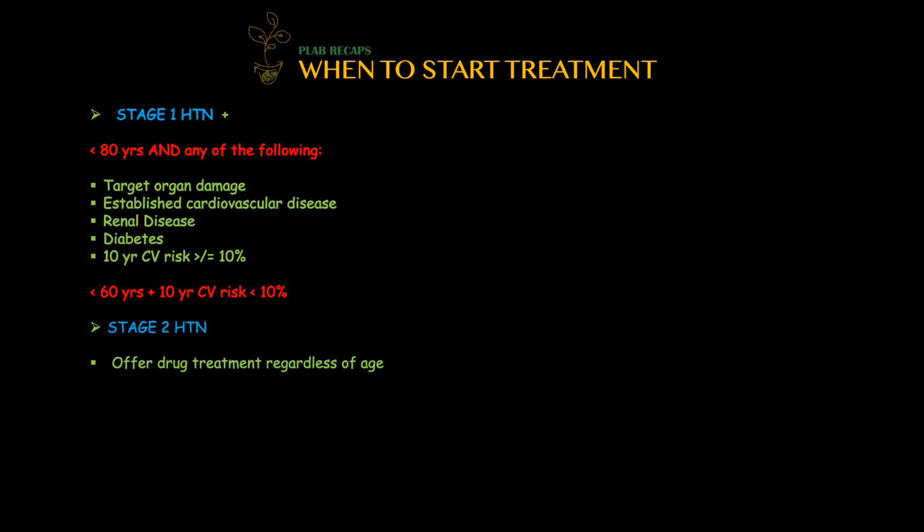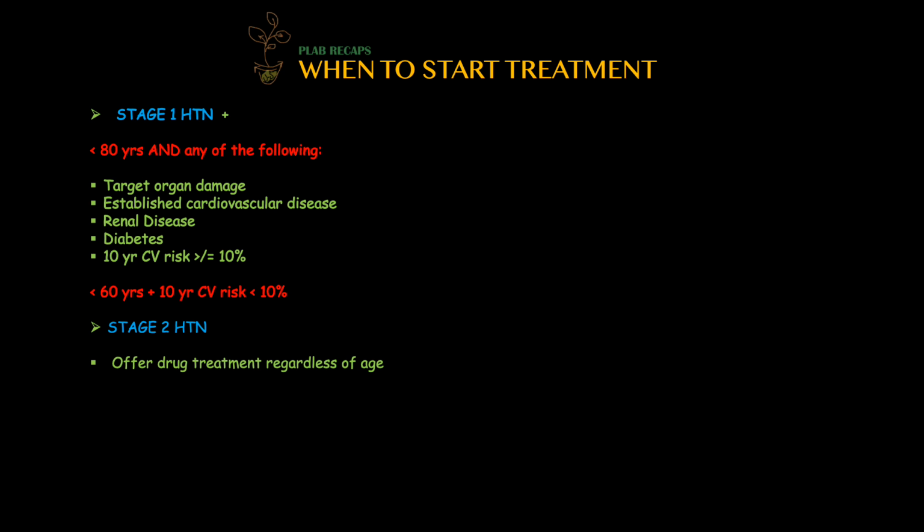This is because the patient is young, and when you calculate the cardiovascular risk, it may not necessarily identify or it may underestimate the risk of developing a cardiovascular event in the next 10 years, which is why NICE recommends that if they are less than 60 years with stage 1 hypertension, you should consider starting them on treatment.